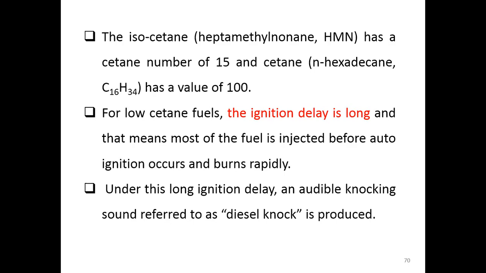So that means most of the fuel is injected before auto ignition occurs and burns rapidly. With a long ignition delay, the amount of fuel before auto ignition and burning is large.